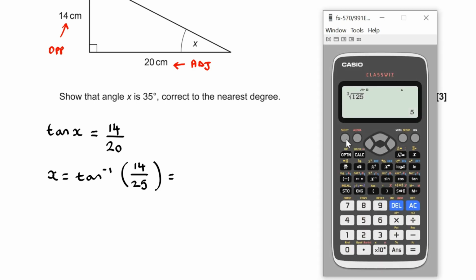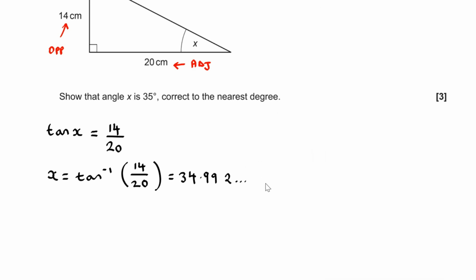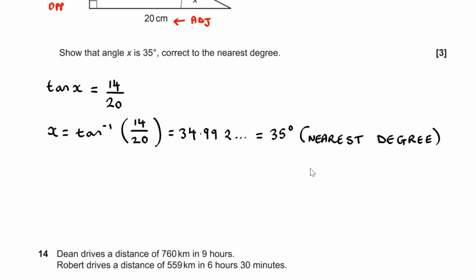If we work this out, we get 34.992, etc. So therefore, to the nearest degree, we have 35 degrees.